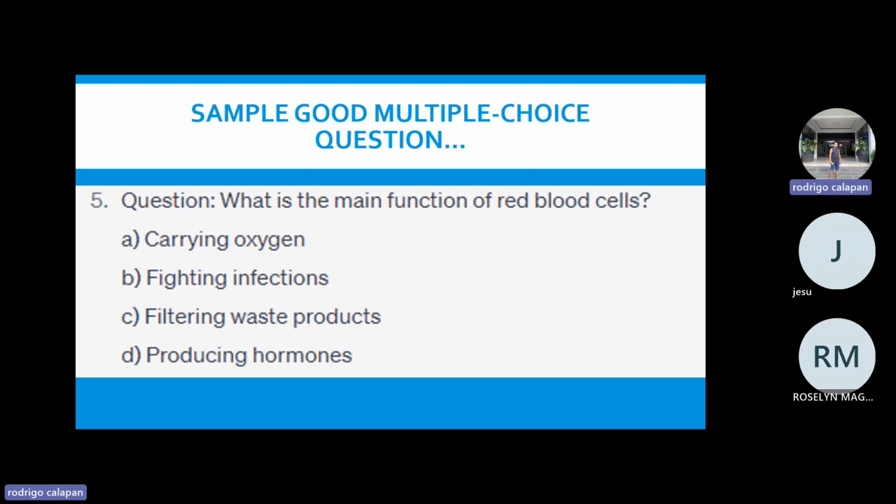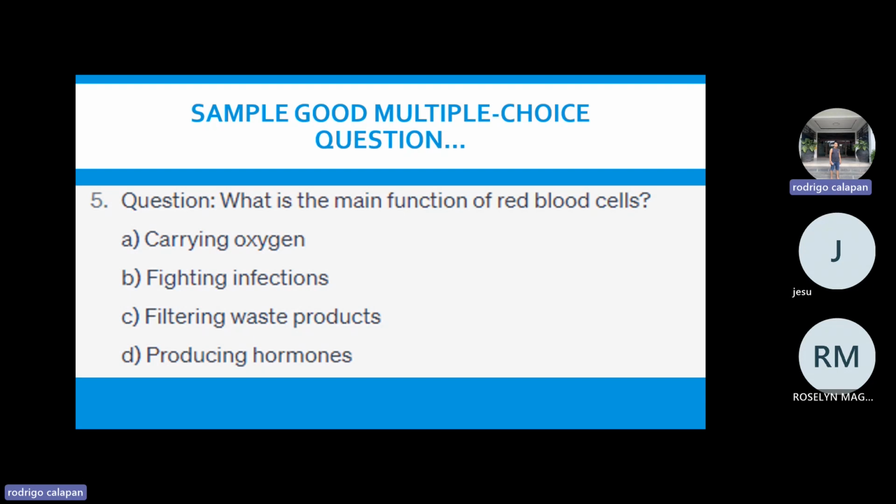So for this question, it assesses students' understanding of the functions of different types of blood cells. Yes, letter A, you are correct. Carrying oxygen, and that would be the correct answer.